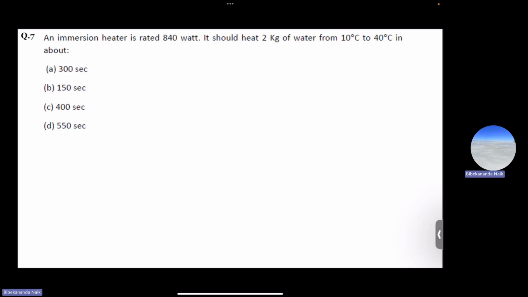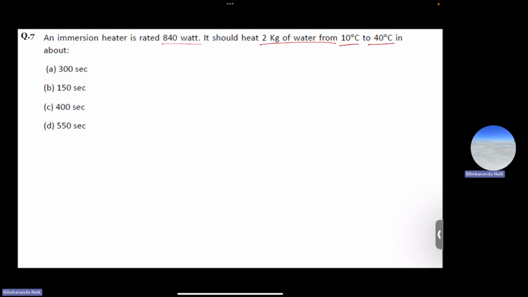So again this is related to the Joule equivalent, concept of Joule equivalent of heat. So here the heater, the power rating is 840 watt, and 2 kg of water we need to increase in temperature from 10 degrees Celsius to 40 degrees Celsius. So what will be the time taken?